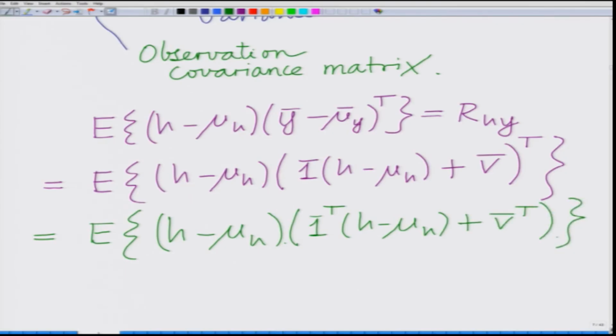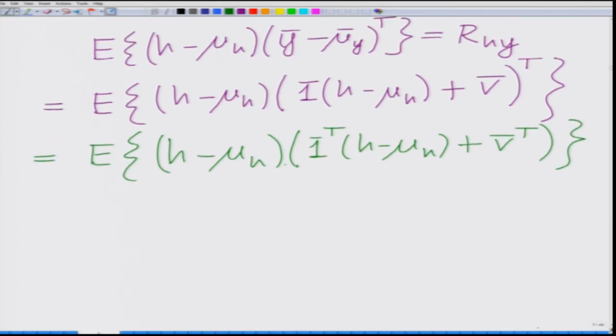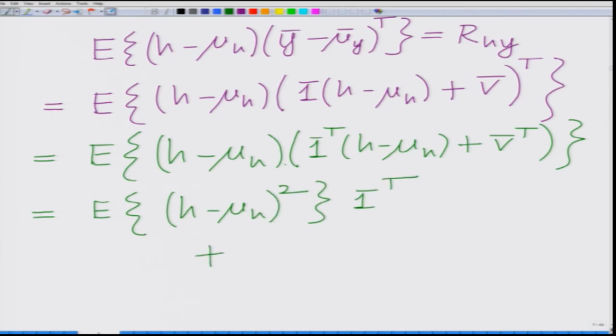H minus mu h is a scalar, so I can just let it remain where it is. Splitting it into components, this is the expected value of (h minus mu h) square into 1 bar transpose plus the expected value of (h minus mu h) into v bar transpose.